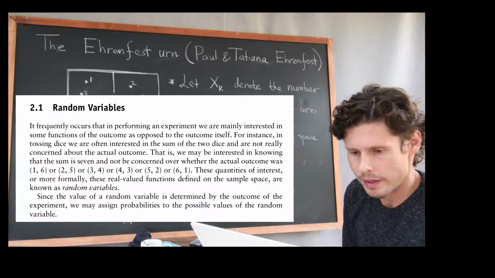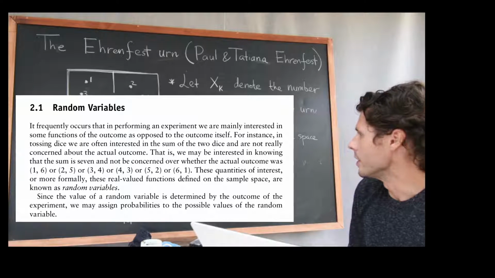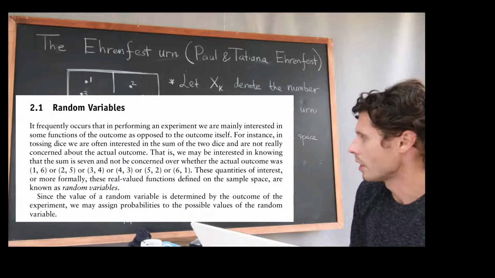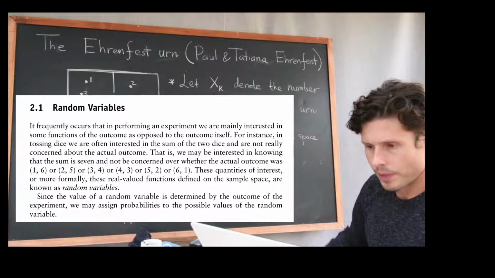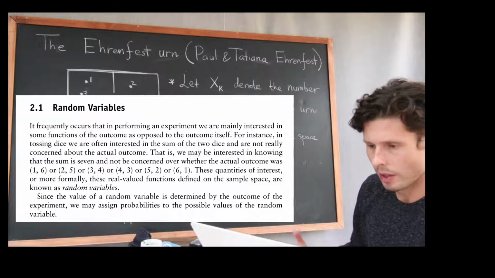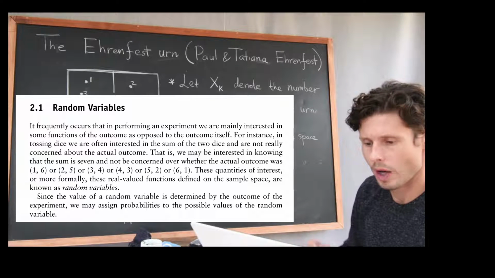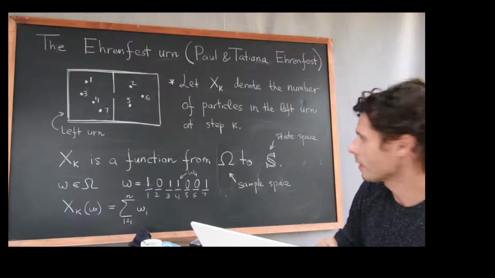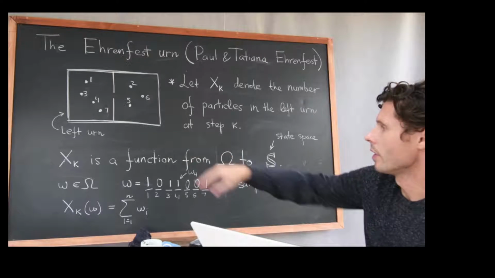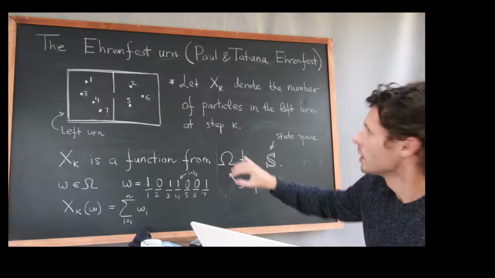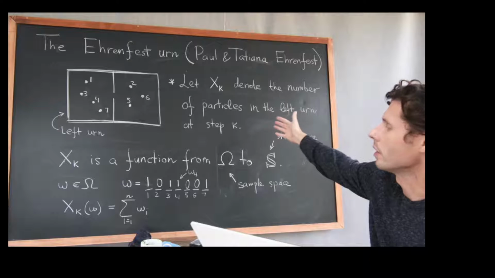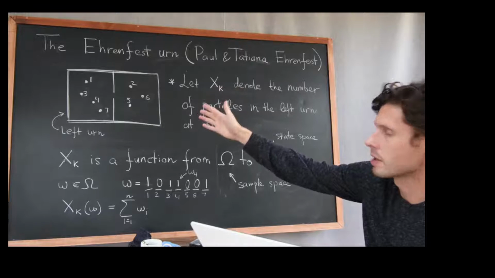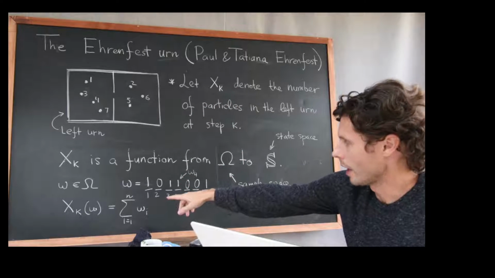I think it's in terms of dice, but the general idea, at least as far as the sciences are concerned, is that the sample space is describing in great detail the full composition of the system that you're studying, whereas the state space and the random variable pull out only what's relevant. What's relevant here is just the number of particles in the left urn. I don't care where number 7 is. I just care that there are 4 on the left. And that establishes my function.